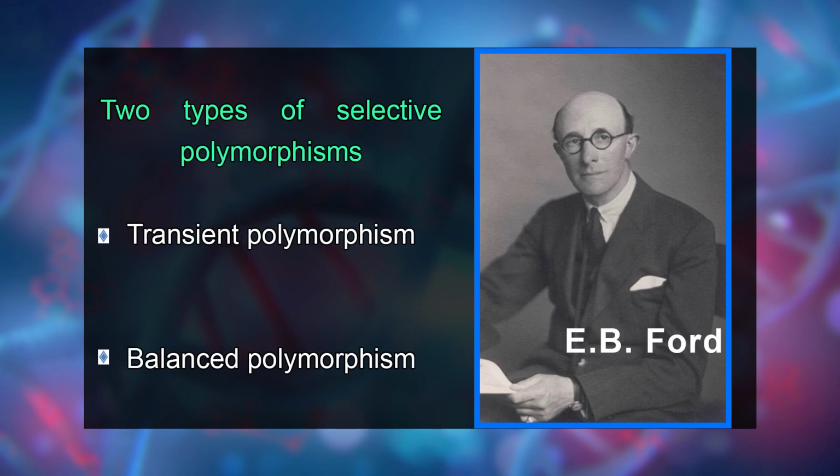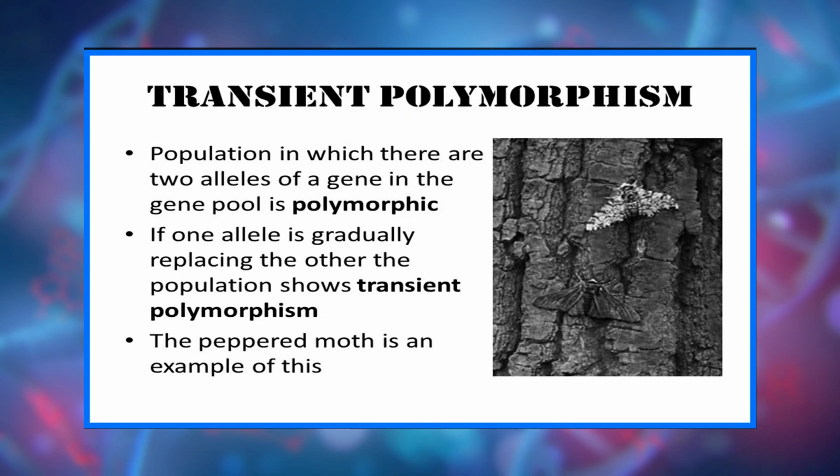Ford further distinguished two types of selective polymorphisms, that is, transient polymorphism and balanced polymorphism. Transient polymorphism, caused by a new favorable mutation in the process of displacing its ancestral allele by natural selection, was considered unlikely because advantageous genes will usually have been already incorporated into the genetic constitution of the species.